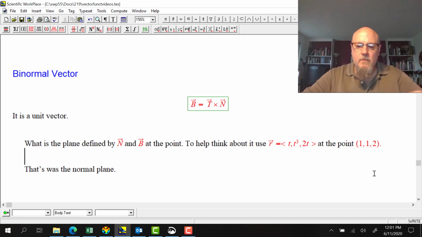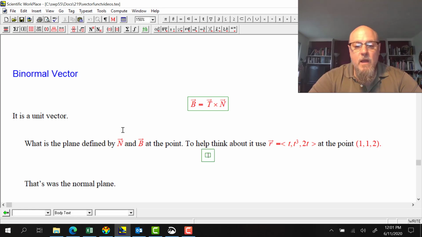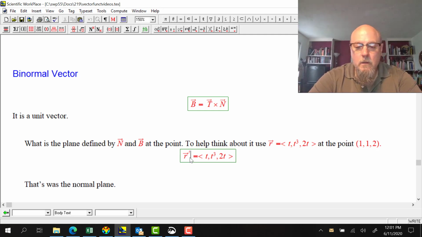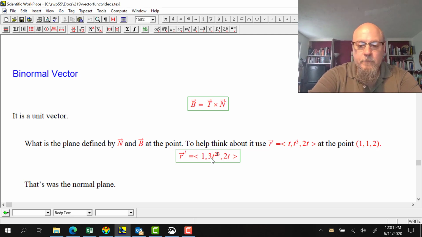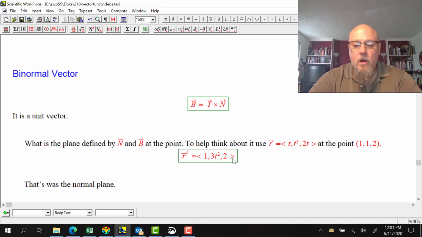Let's do our example. Here's our space curve. At the point, now let's get R prime. Taking the derivative, that's 1, 3t squared, and 2. So there's our R prime. I need the magnitude of that R prime because I'm building that T vector.